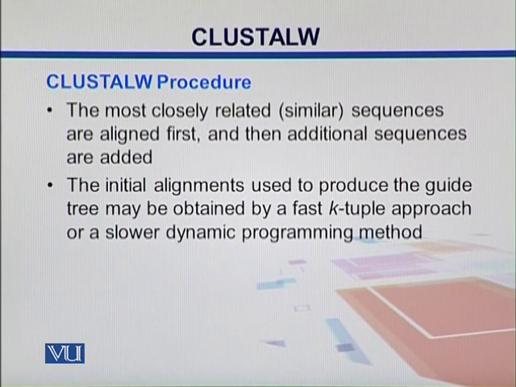The initial alignments used to produce the guide tree may be obtained by a fast k-tuple approach or slower dynamic programming methods. We have seen this k-tuple approach when we were doing those FASTA and BLAST searches, where you can take the whole sequences and divide them into different tuples, different chunks. So that approach we can use over here also.